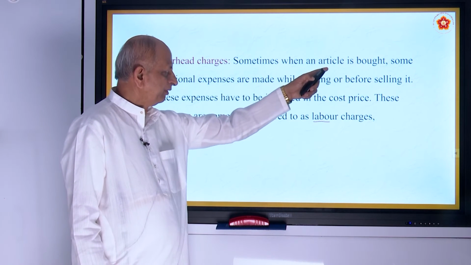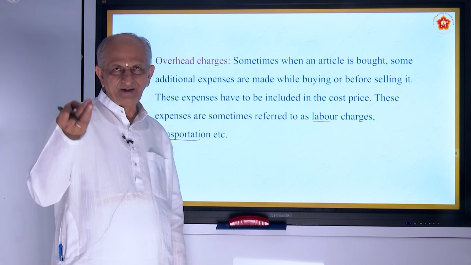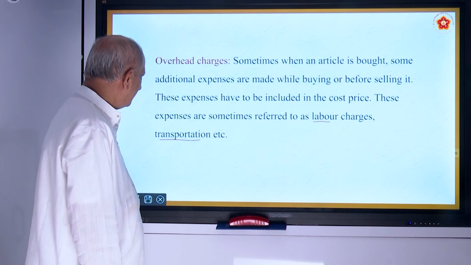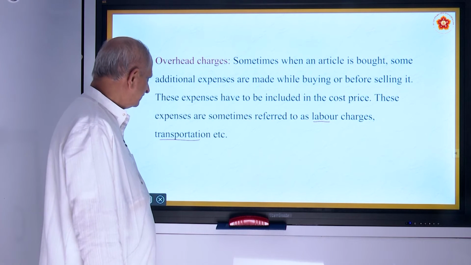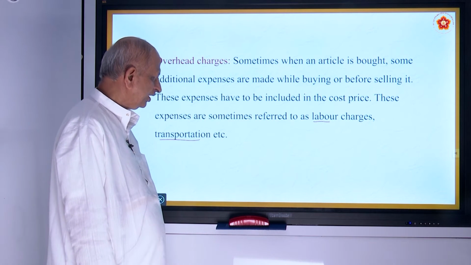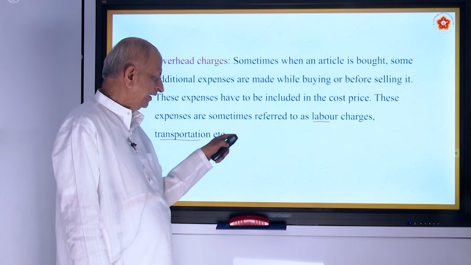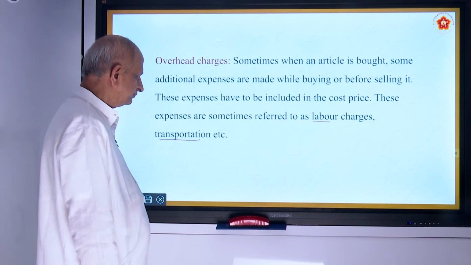So when an article is bought, what is bought means what? Buy. The past tense of buy is called bought. Some additional expenses are made while buying or before selling it. These expenses have to be included in the cost price. These expenses are sometimes referred to as overhead charges.